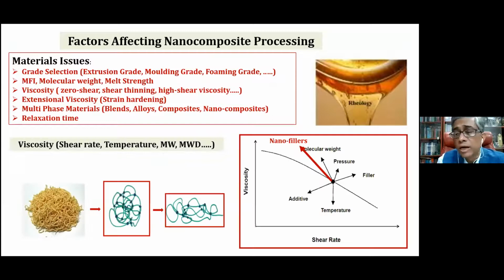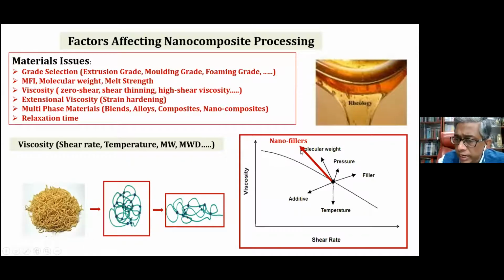This is one of my slides which I cannot go without showing, because I am a person in processing and rheology. This is known to everybody: this is how the rheological flow is, which you can see in honey. I always look at my polymer like noodles, and how they start flowing. But the most important thing is to look at the red arrow. I will not spend long, because I can spend a one-hour lecture on this.